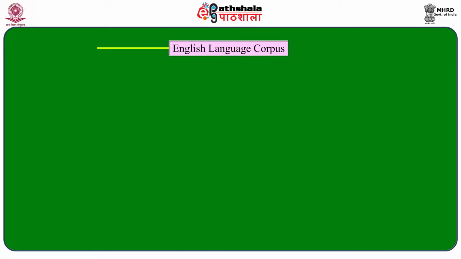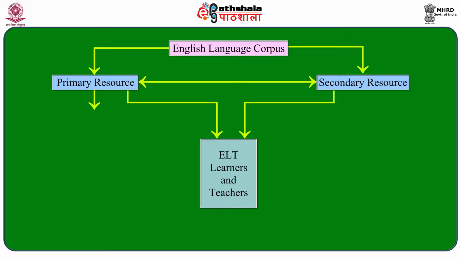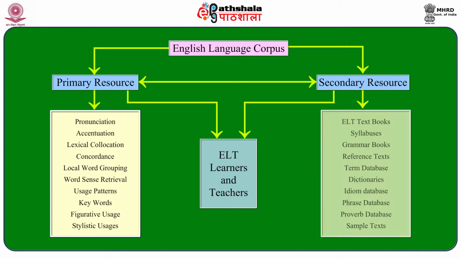The first one is ELT textbooks. So here, as a secondary resource, where we can use ELT corpora. So in our earlier module, we noted that ELC can be used as a primary resource for various other activities, starting from pronunciation to stylistic researches.